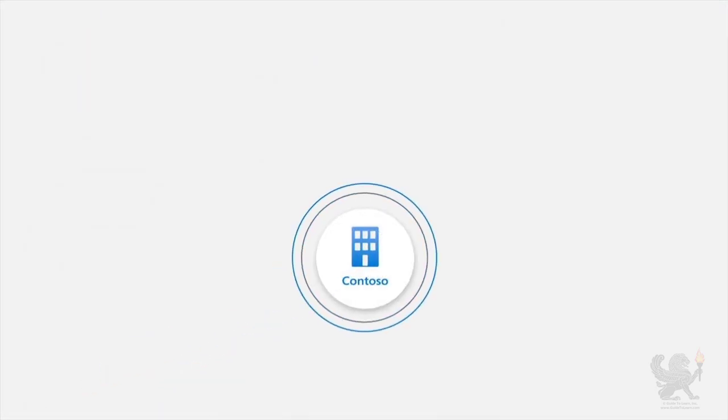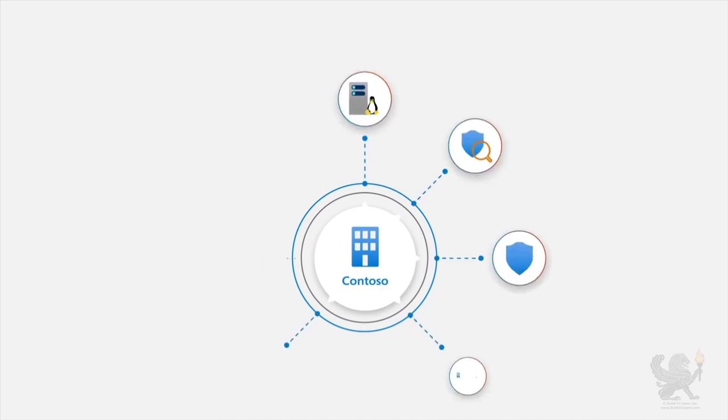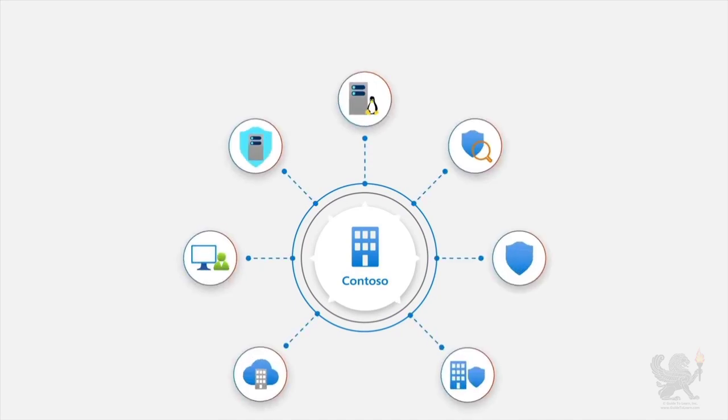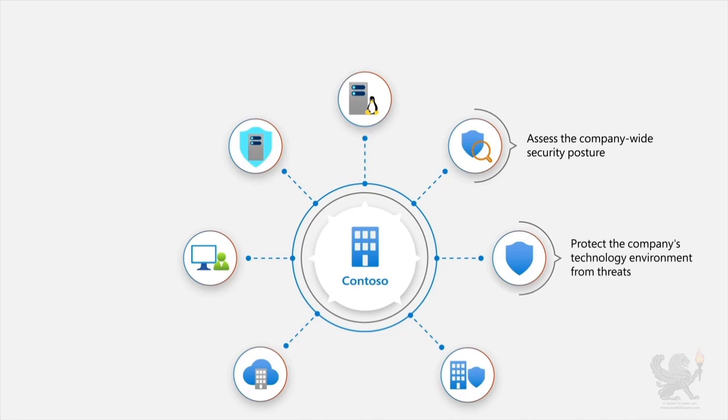The technology team at Contoso must address certain requirements in its design of the Azure-based solution for securing the company's on-premises and cloud infrastructure. The first two requirements are the assessment of the company-wide security posture and threat protection of the company's technology environment.